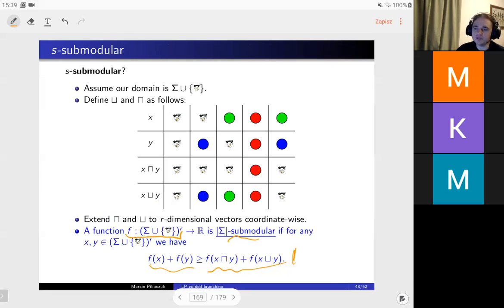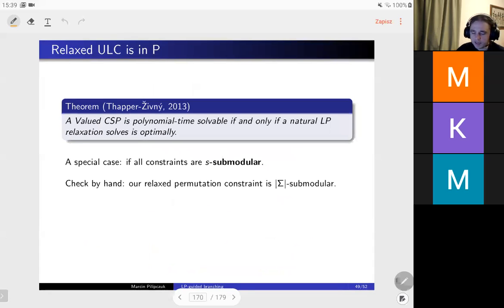That was necessary to make it submodular. This gives us the fact that the relaxed unique label cover is polynomial time solvable. I didn't check the constraints; I'm just giving a sketchy overview here. But you can check by hand, if you're bored over Christmas, that this permutation constraint is submodular by this definition. It is a tedious but not very scary check.